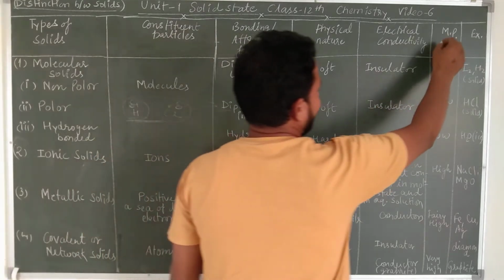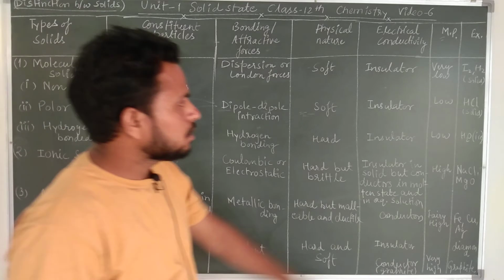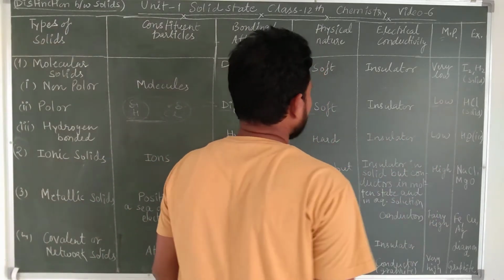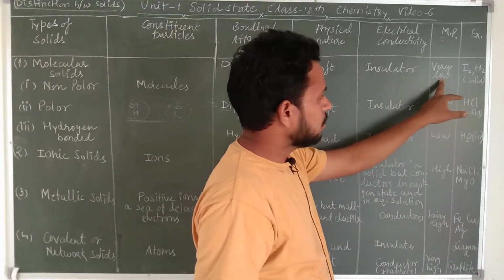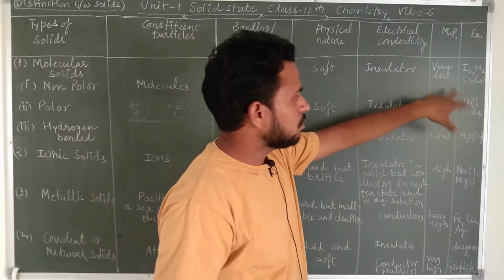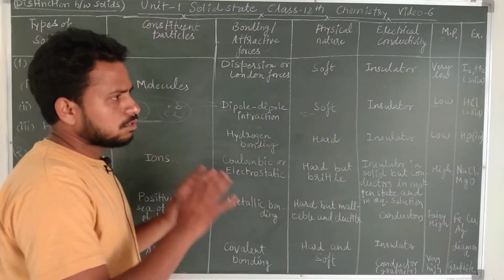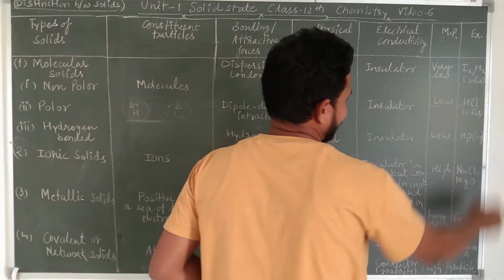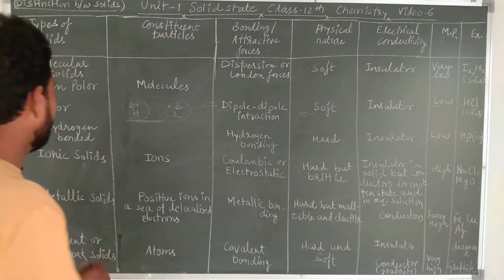Further we talk about melting point. Their melting point is also low, but not very low, because polarization exists here, but in non-polar solids polarization does not exist, as their polarity is approximately 0. And the example is HCl. This is also in solid form.